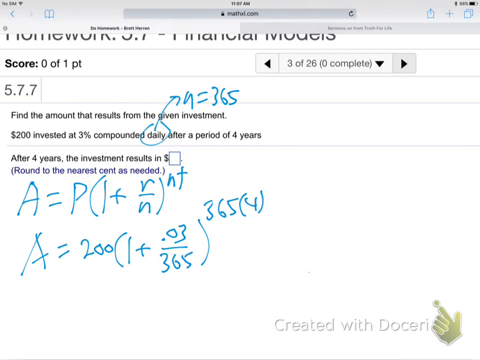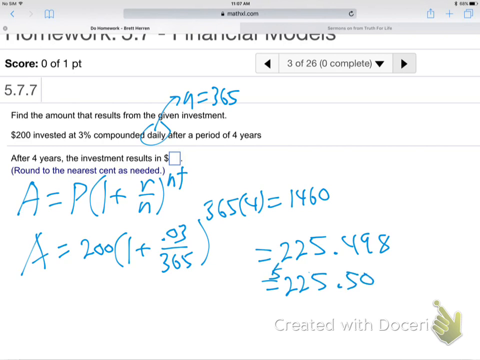So I like to figure out that power first. 365 times 4 is 1460. So typing that into your calculator. $225, and I'm getting 498, so that would round to 50, huh? 225.50?